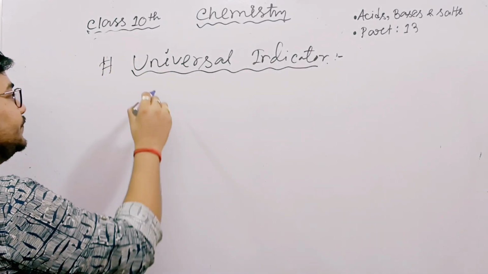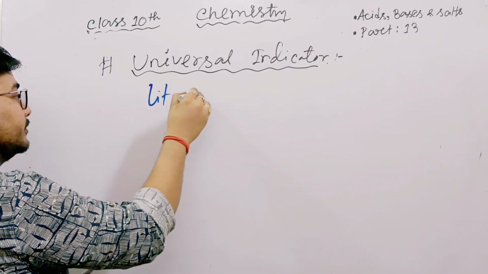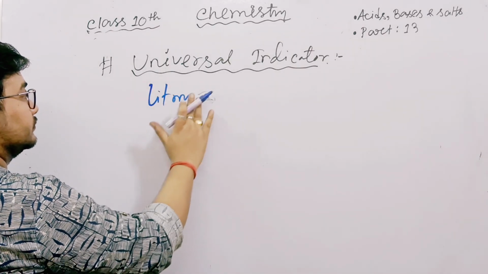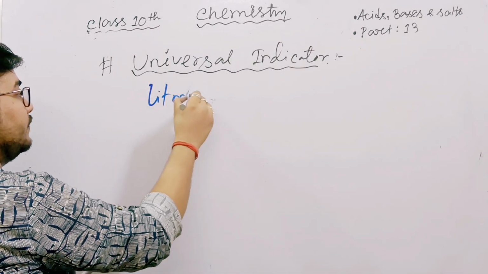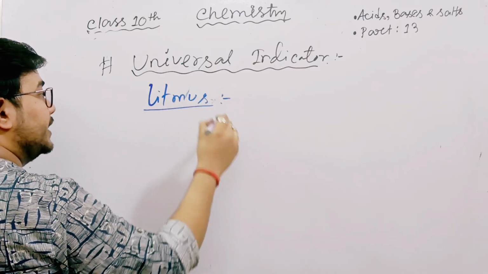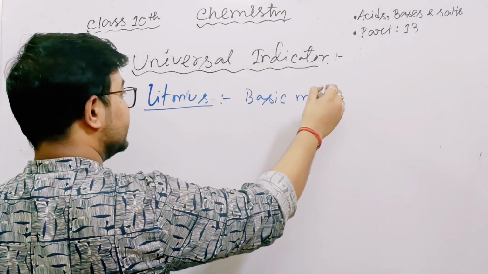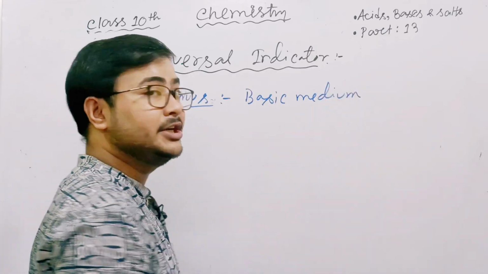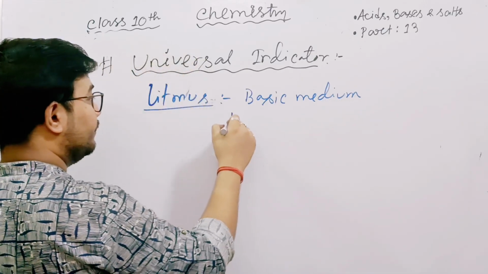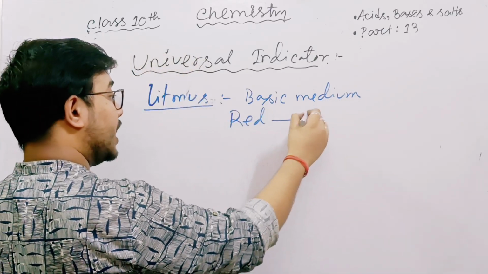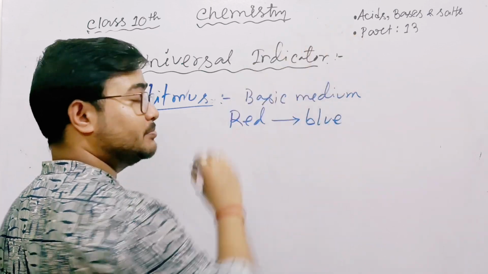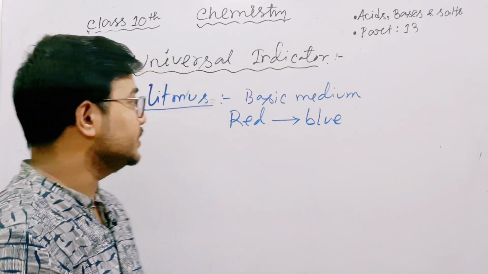Now suppose you have litmus paper. If you have litmus paper, can you tell me in basic medium what is the color of litmus paper? From red to blue. I already discussed this in the previous part, so watch the previous videos.